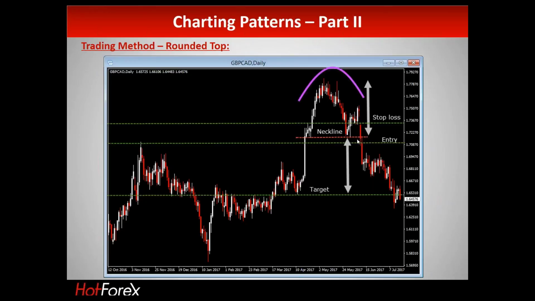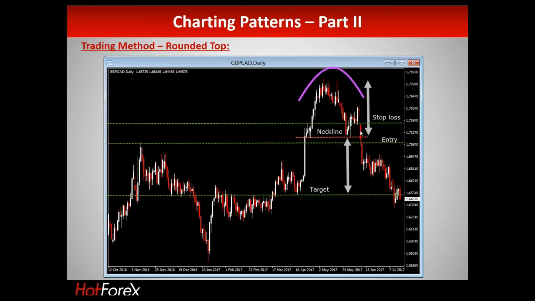So you confirm that it was indeed a good support that reverted to a good resistance level. Once I confirmed that the neckline was a resistance level, I entered the market short this time. I set my target at the same distance as the neckline to the highest price in my rounded top.